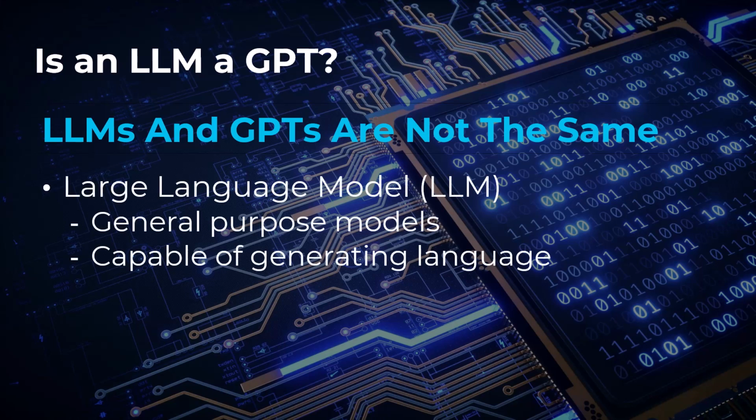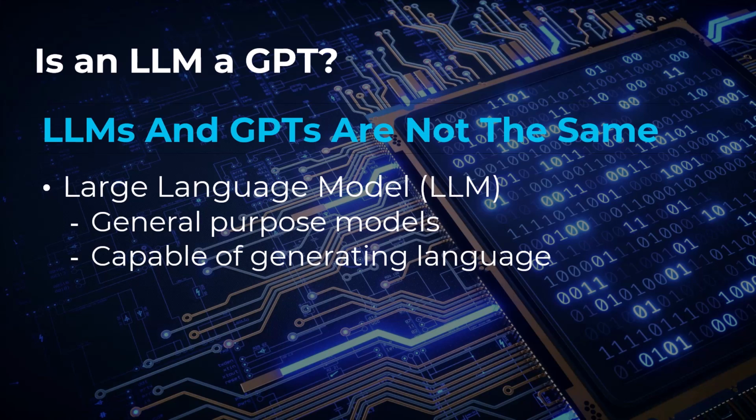LLMs are general purpose models trained on massive amounts of text data to understand and generate human language. They can perform various tasks like text summarization, machine translation, and question answering, which means that LLMs on their own are capable of producing coherent and contextually relevant responses.